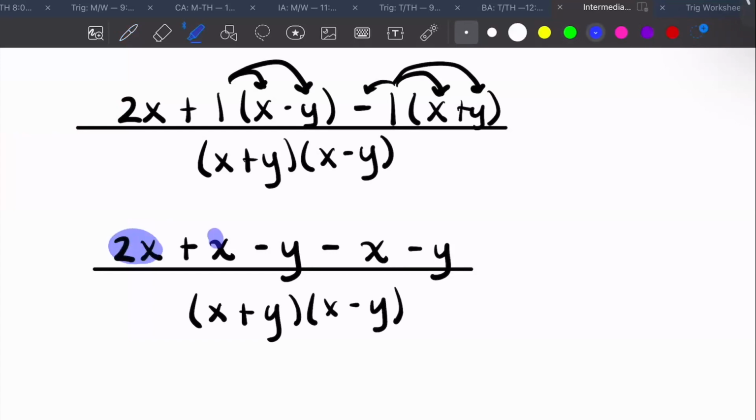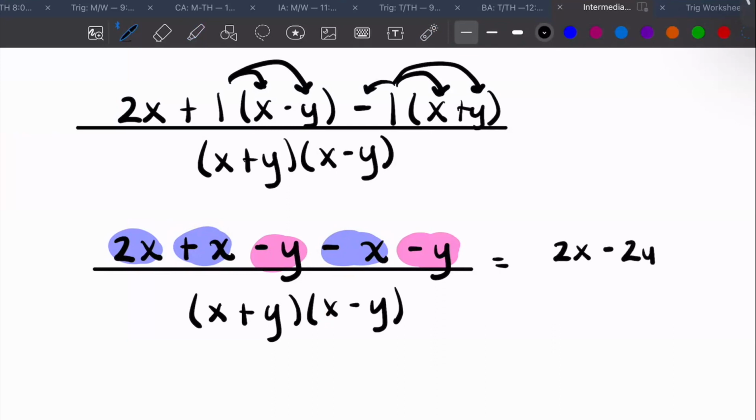We have an x and an x and an x. Well, x minus x is 0, so we're left with 2x. Minus y is minus 2y. So we're left with 2x minus 2y over our common denominator.